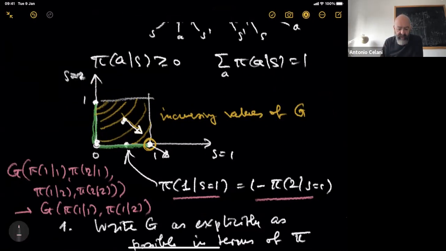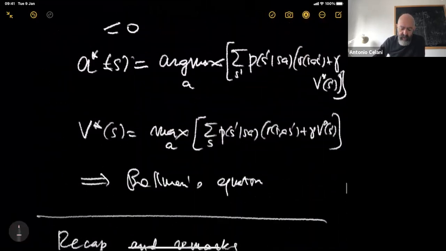Because, of course, in this case, for instance, the derivative with respect to pi 2,1 here is just minus the derivative with respect to that. But now we consider the function as a function of all these possible objects without caring about the constraints. It doesn't matter. They will be reflected in the gradients.